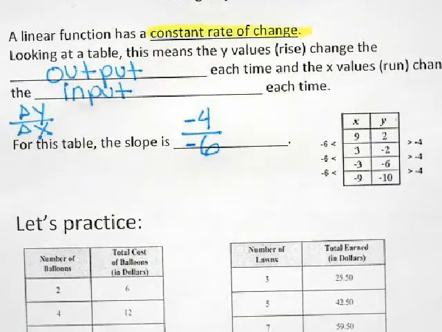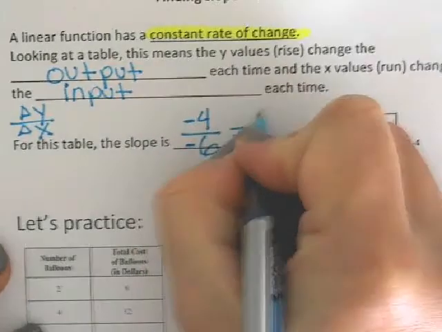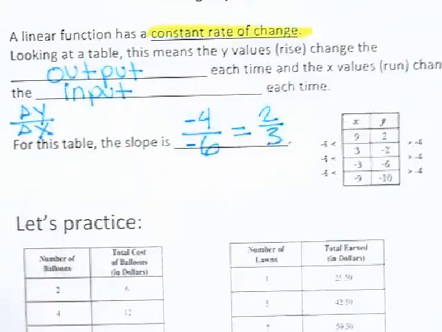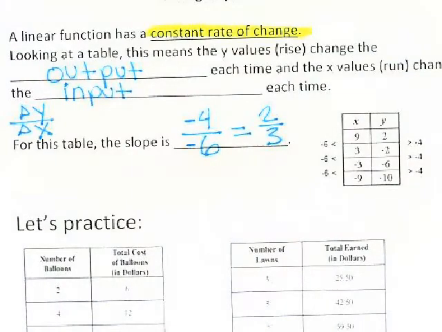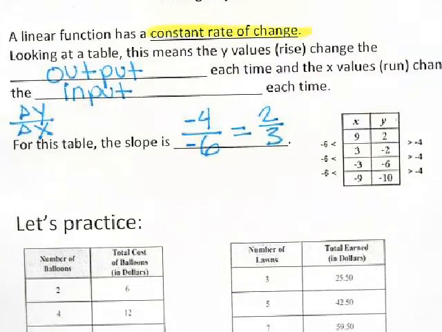This ratio is not simplified, and negative divided by negative is a positive. So I can make sure it's positive, and then 4 over 6, you can simplify by 2, so I can reduce this to 2 over 3. So my slope is actually going to be 2 over 3. If I were to plot these points on a graph and draw a line through it, my rise over run would be 2 over 3.